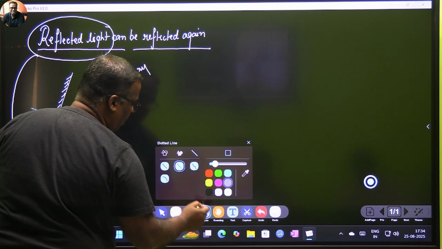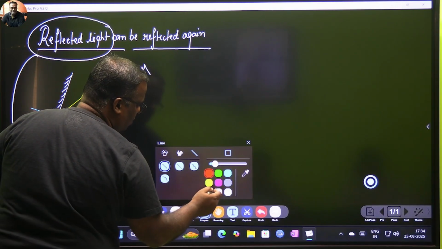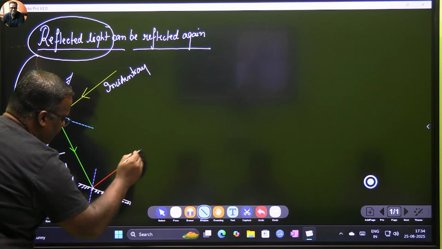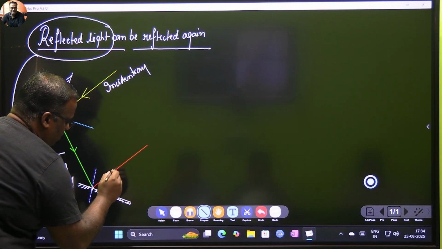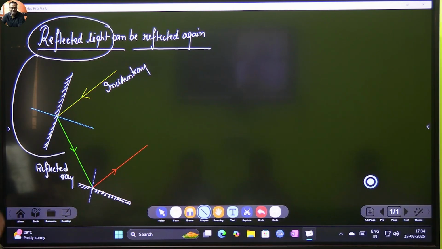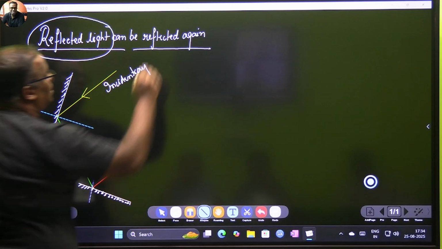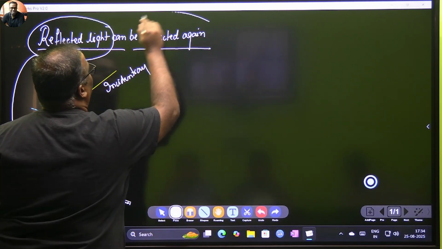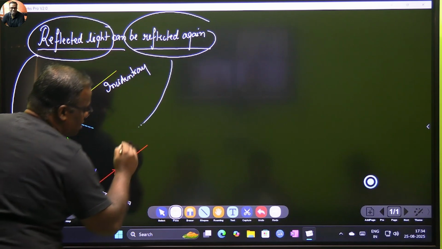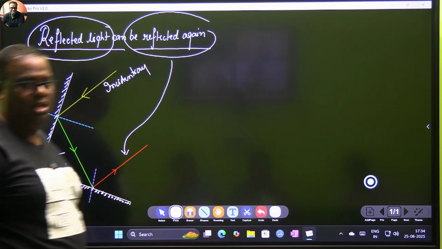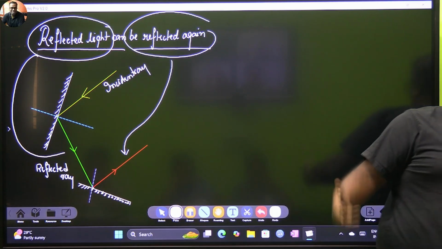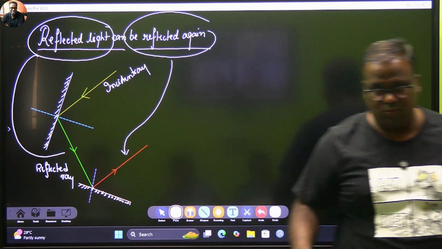And this ray can be reflected again. That's what I'm showing by the color red out here, okay? It's reflected again. Now it can undergo multiple reflections based on how many reflective surfaces it hits, and that's exactly what happens.